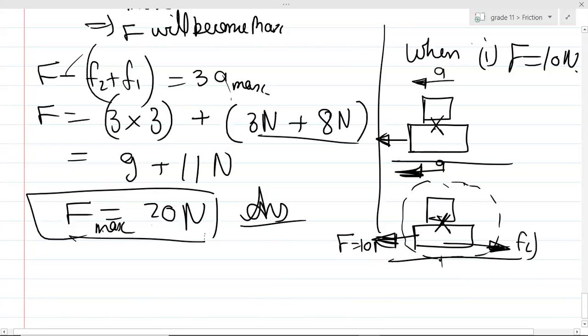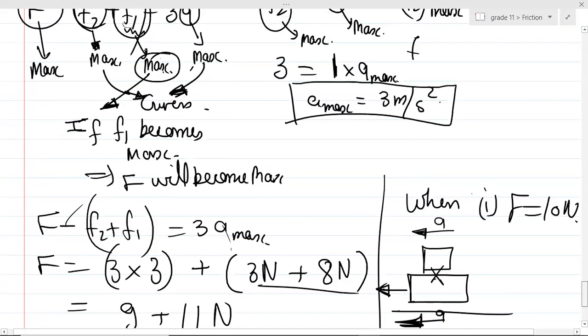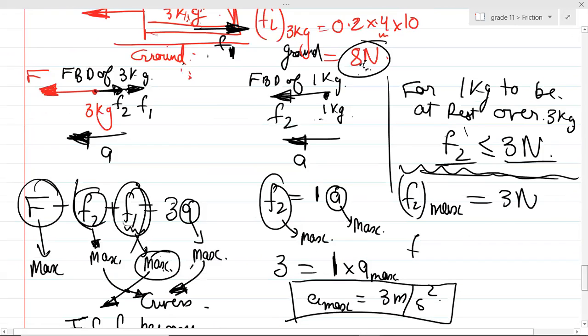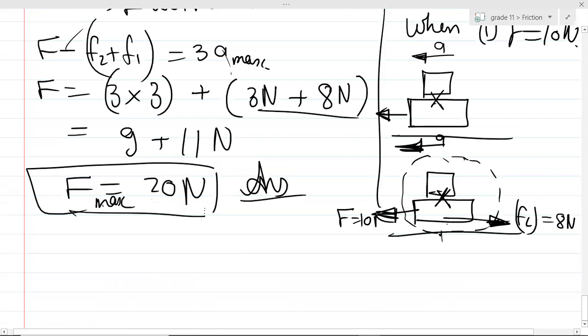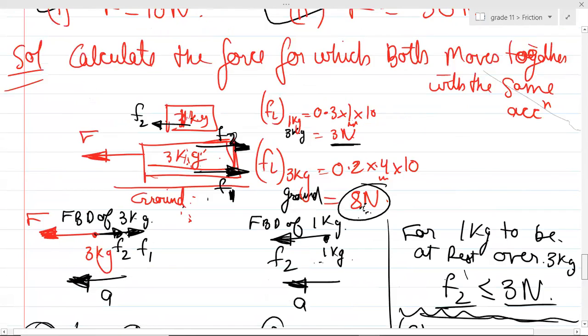What was the value of limiting friction acting on this? Was it 8 newton? It was 8 newton, right? Guys, the limiting friction acting on the lower block, was it 8 newton? This was the maximum friction, right? Yes or no?